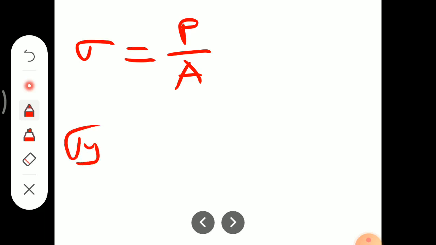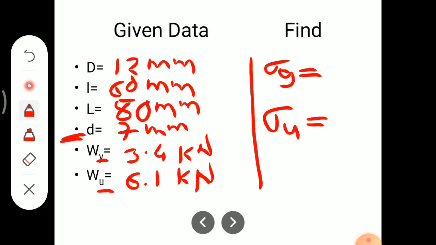Now the next step is to determine the yield stress. The formula for stress is just one formula to remember: stress is equal to P upon area. Here we have to find the yield stress, that means sigma y, so we take the yield load, which is 3.4 kilonewton. It is denoted by W, or we can denote it by P also.